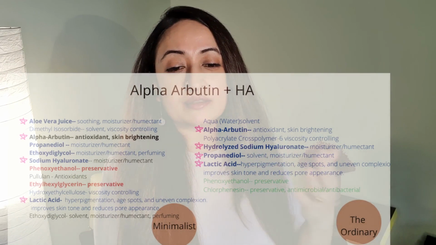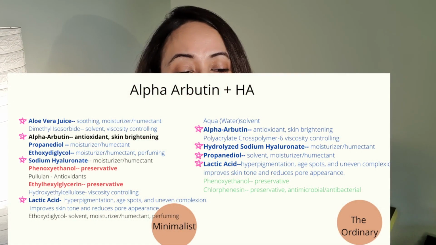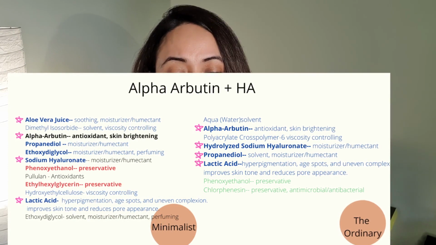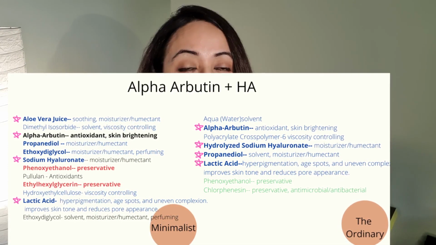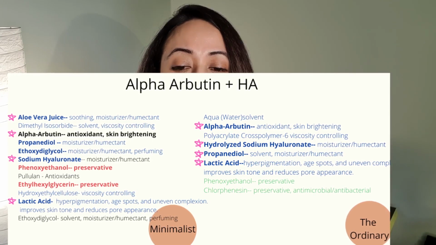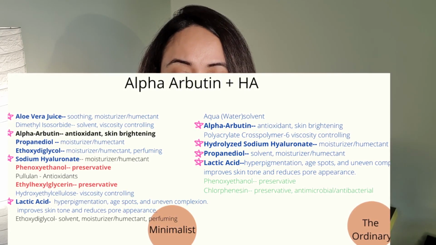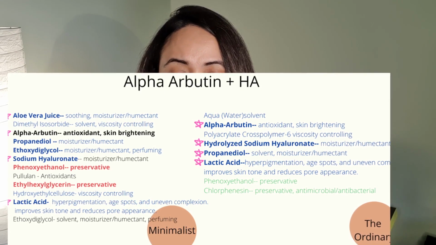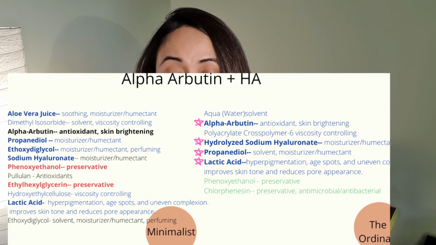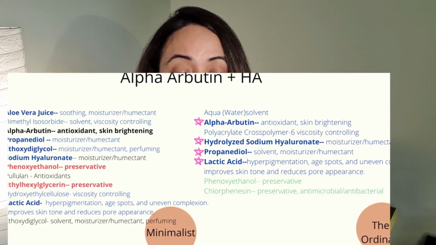Now when we compare the alpha arbutin with hyaluronic acid from Minimalist and The Ordinary, keep in mind that I don't have all the ingredients from both the products listed here. I just have the star ingredients and the ingredients I want to talk about. So the exact order is not there, but it's definitely in terms of the percentages. So when we see the Minimalist alpha arbutin and hyaluronic acid, we see that the alpha arbutin is third, whereas in The Ordinary it is second.